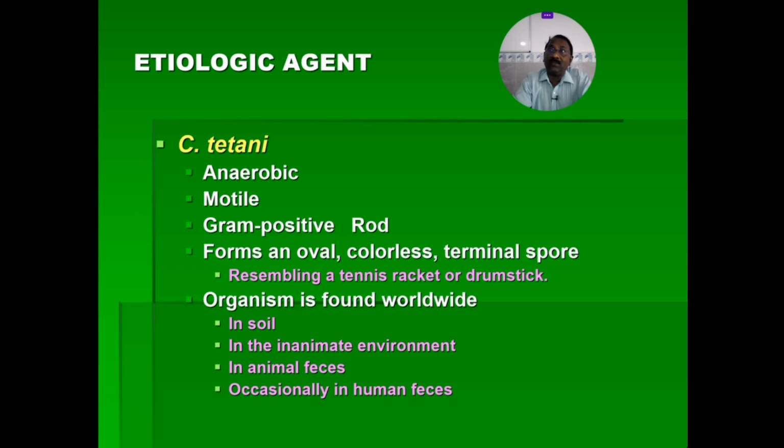In earlier days, most tetanus was seen in the age group of 0 to 5 years because of umbilical cord stump handling with unsterile maneuvers. Sometimes it may be in the inanimate environment and in animal and human feces, but mostly, 98%, it is in the soil.